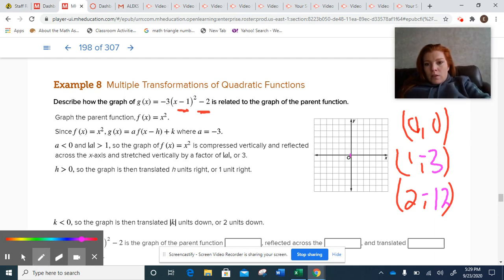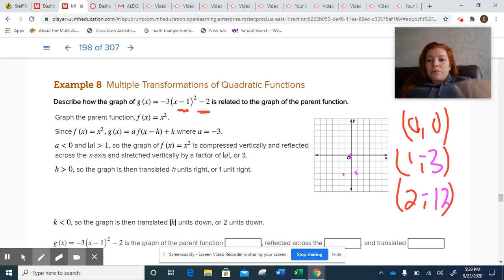So 0, 0 stays. 1, -3 goes down to there, and I'm going to go ahead and flip it. And then 2 and -12, I don't even have enough space because this is a 6. And then I'm just going to put it down here and down here. And I'm just going to remember that that's supposed to be a -12 in case it jumps back on our graph. Normally, what I would have you do is draw a bigger graph so it can fit all the points.